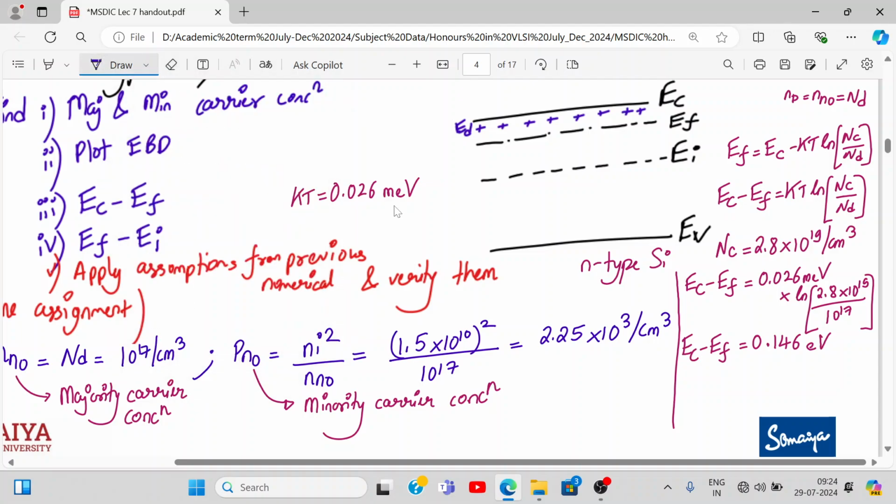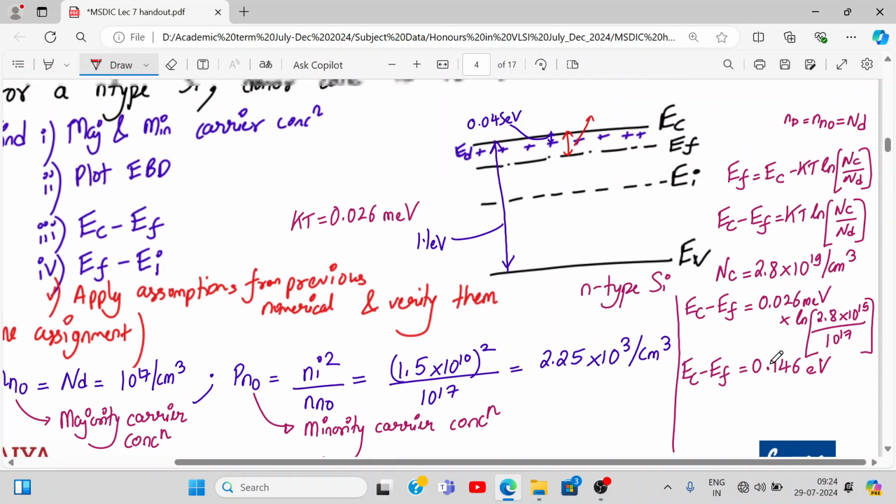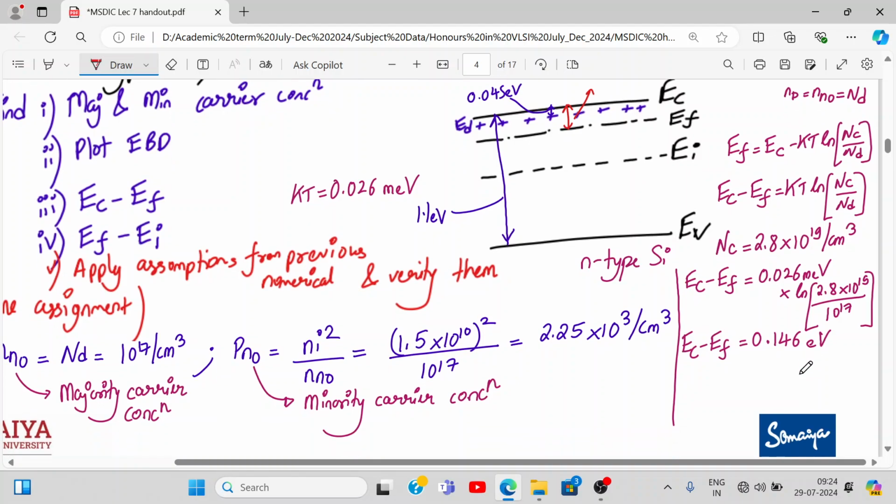Before doing anything, how much is this total distance? 1.1 electron volt. And now we are finding EC minus EF, this one. So that has to be in electron volt only. So please check this answer with your calculator. Don't just write it down.